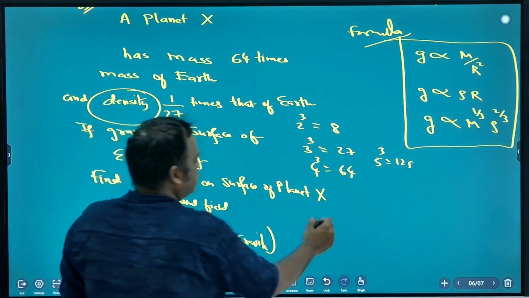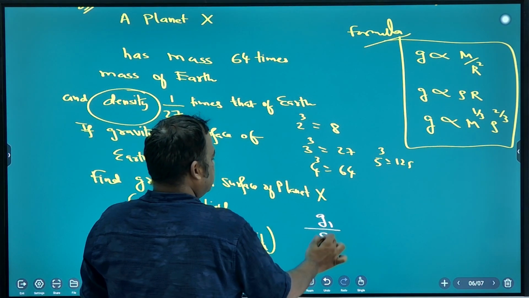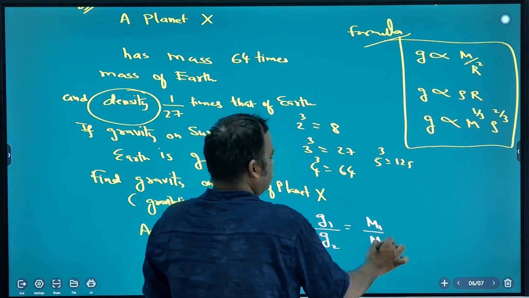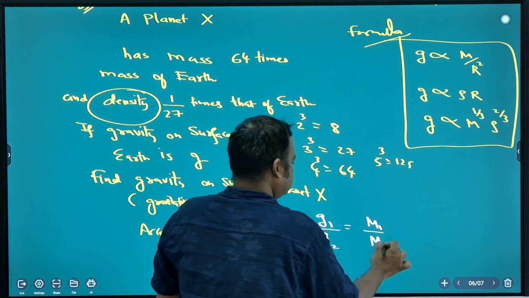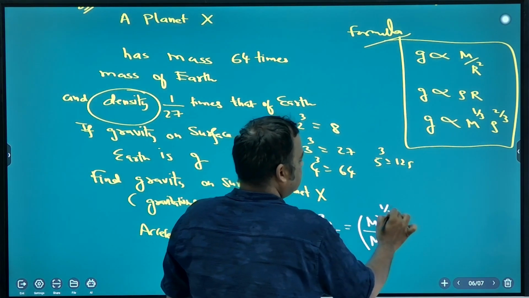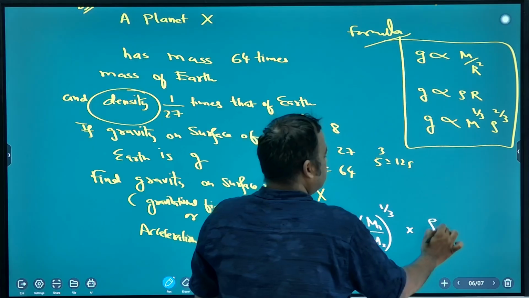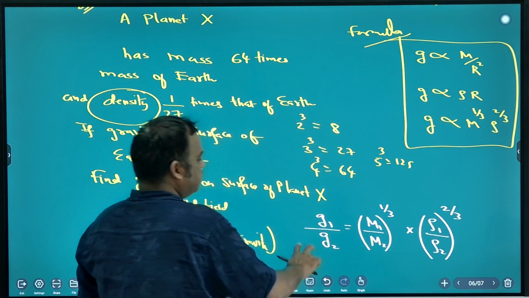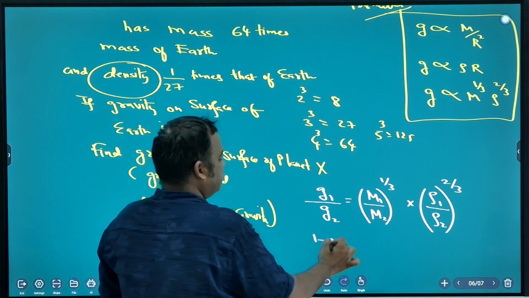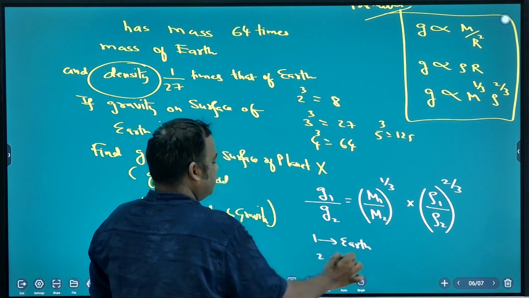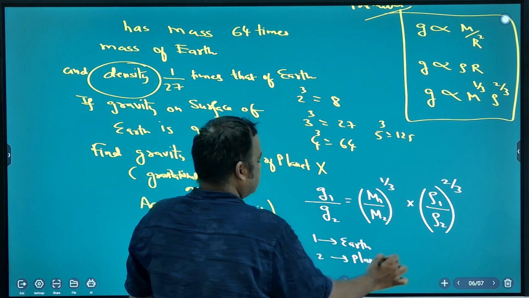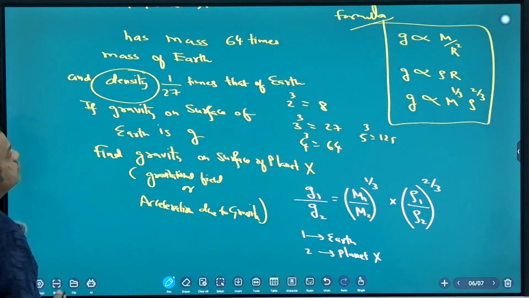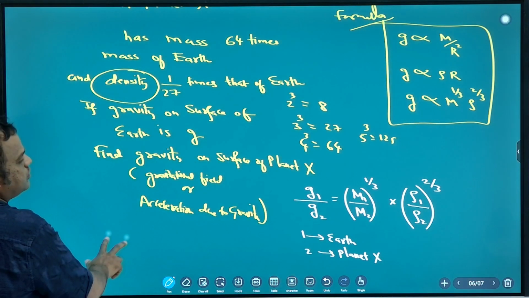So you start like this: g1 by g2 is equal to M1 by M2 raised to 1 by 3, into rho 1 by rho 2 raised to 2 by 3. 1 means planet Earth, 2 means planet X. Okay, solve.